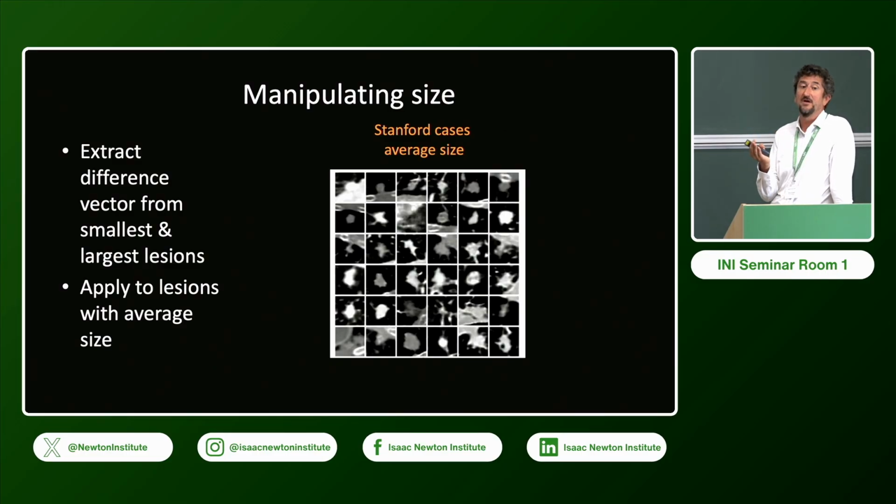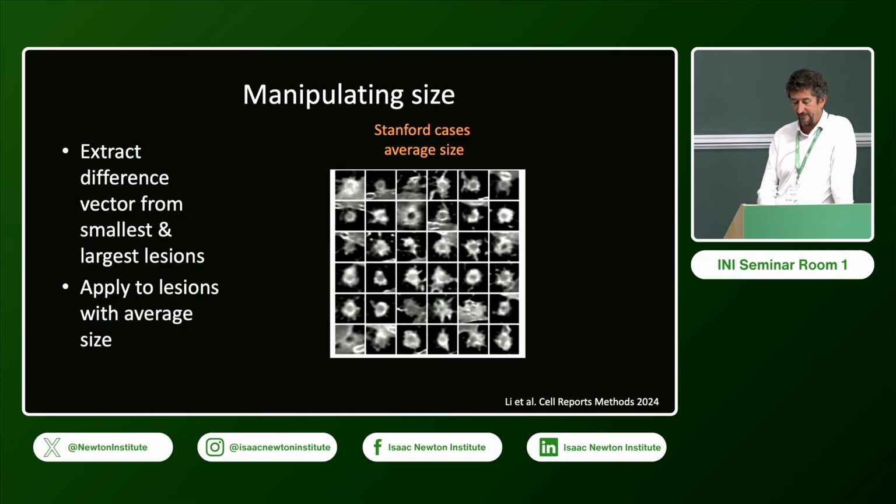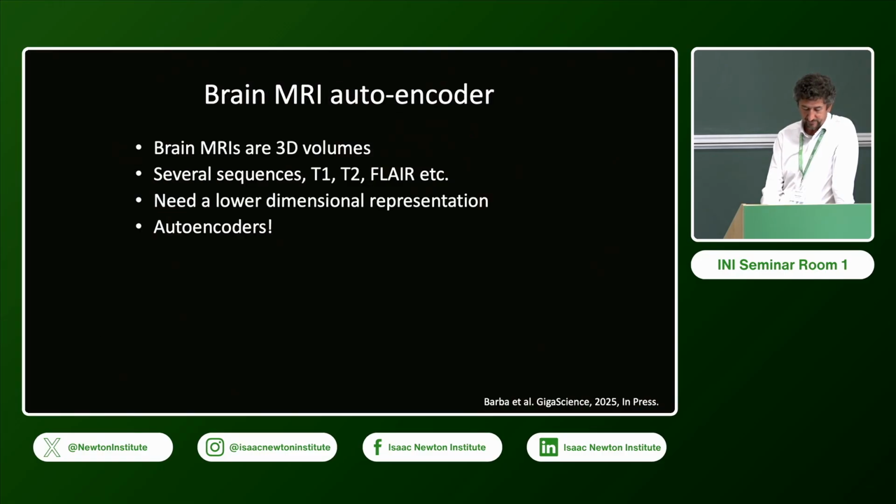We essentially used a difference factor of the smallest and largest lesions, and then we can actually grow and shrink these lesions. Going forward, we want to train these models on longitudinal profiles of lung cancer patients and capture tumor growth trajectories.